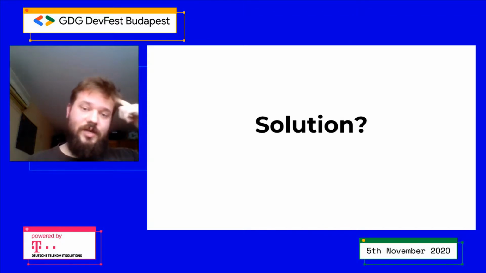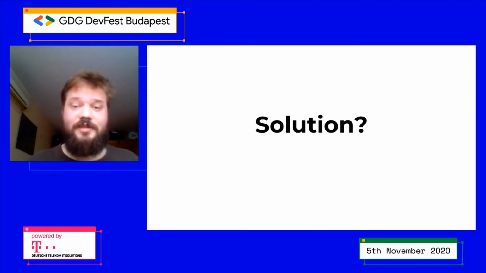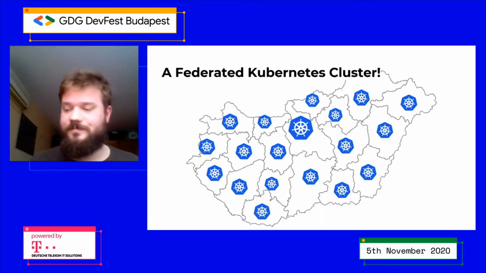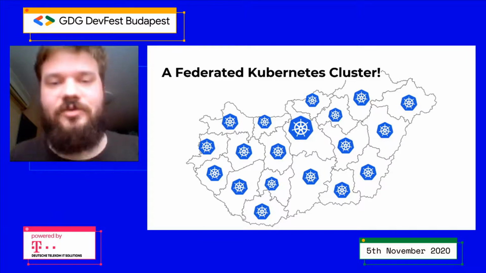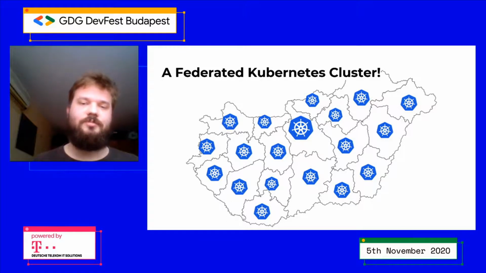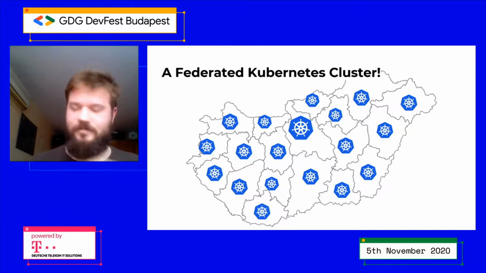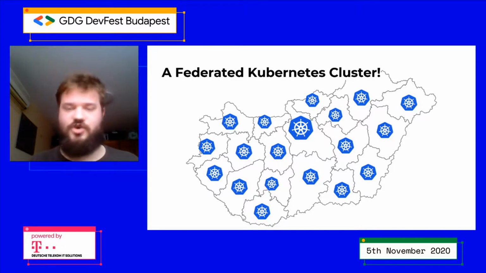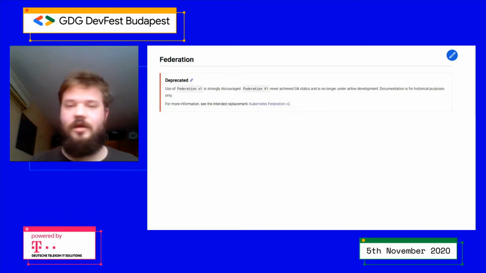Okay, well, crap. But is there a solution to this? Sure, it's federation. We could federate our Kubernetes clusters and overcome these limitations. So, well, we worked before with federated Prometheus and all that kind of stuff. So Kubernetes surely provides something for that, right?